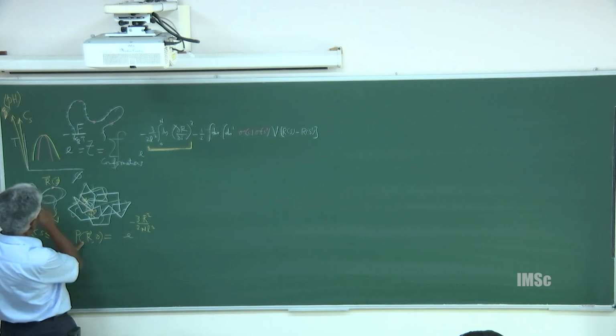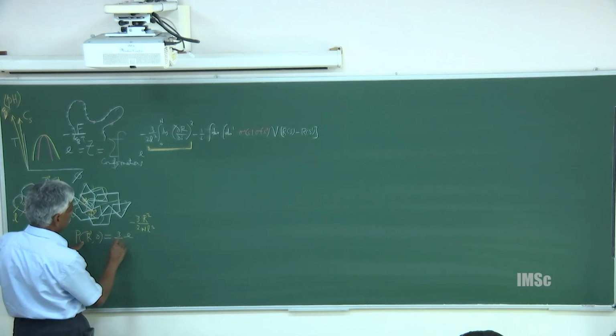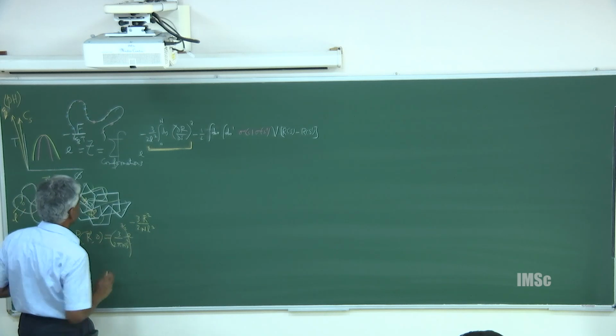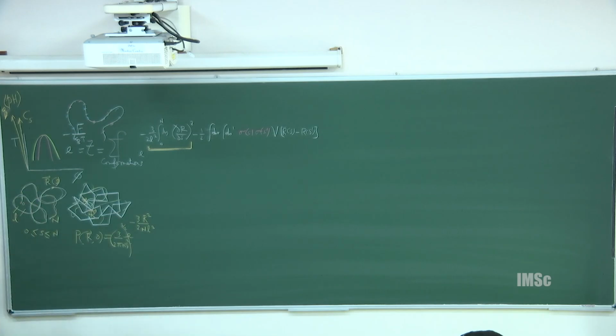N is the number of steps you make, and there is a prefactor (3/(2πNL²))^(3/2). That prefactor is not important, but it's a Gaussian, a random walk, Brownian motion if you like, in terms of time, but now the time variable is the arc length variable, so that is the distribution function for end-to-end distance. It is only true when there is no interaction.